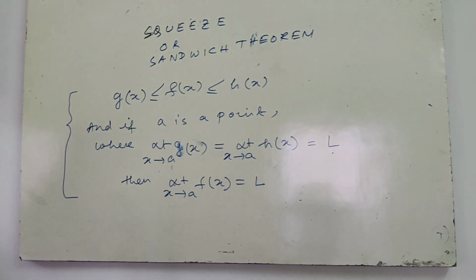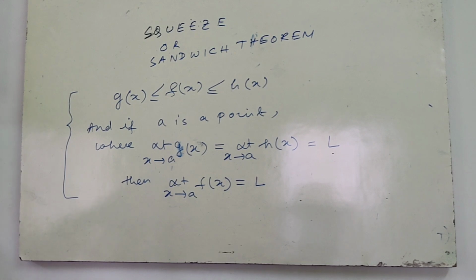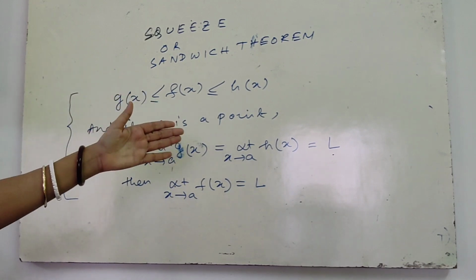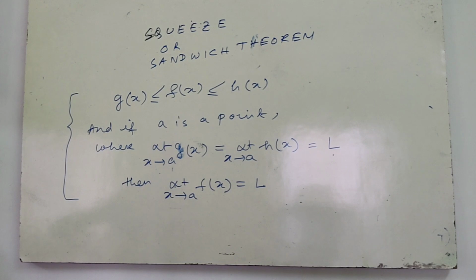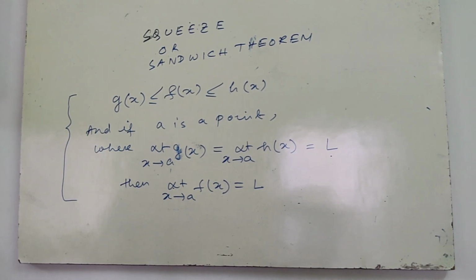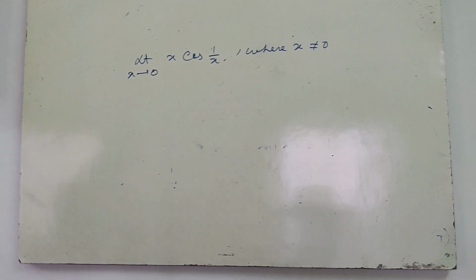If g(x) ≤ f(x) ≤ h(x), and if a is a point where the limit as x tends to a of g(x) equals the limit as x tends to a of h(x), equal to a constant called L, then the limit as x tends to a of f(x) will also be L. The limits of the left-hand side function and the right-hand side function must both be equal. Okay, let's take an example.